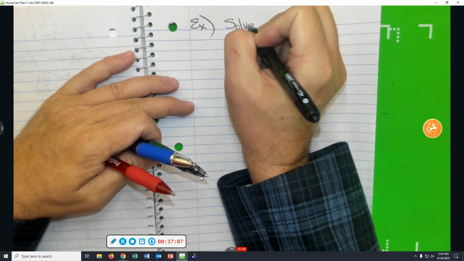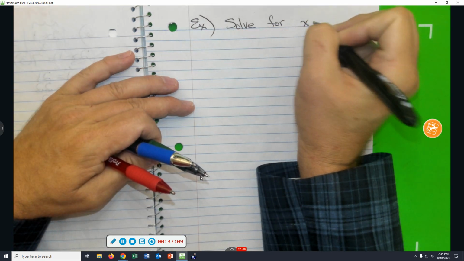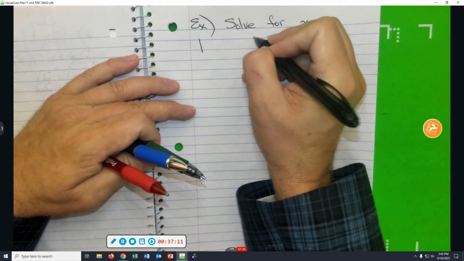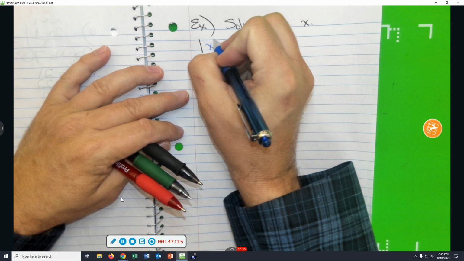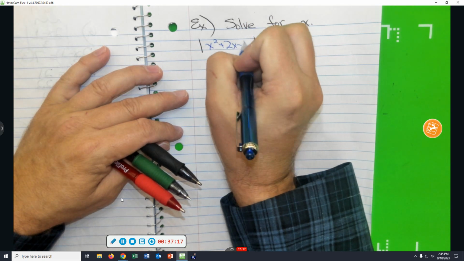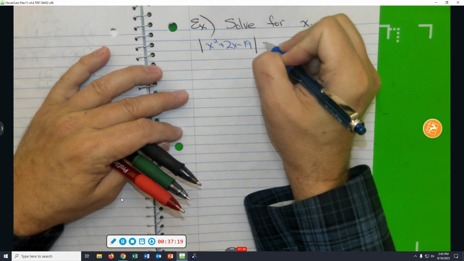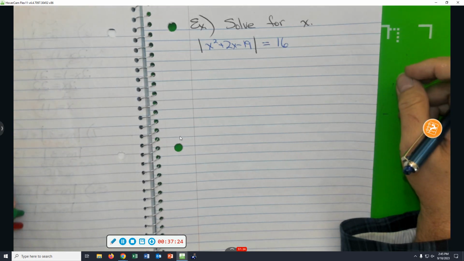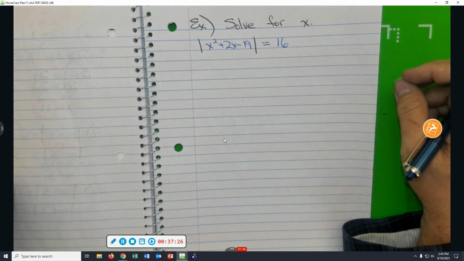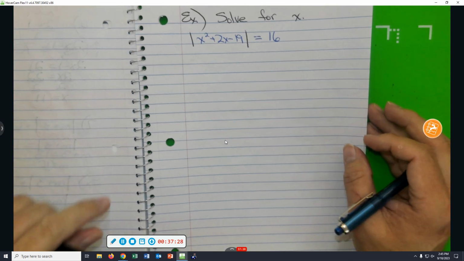Solve for x. The absolute value of x squared plus 2x minus 19 is equal to 16.